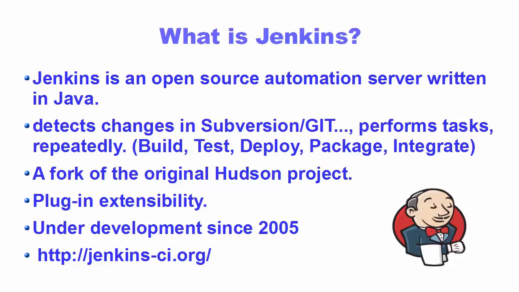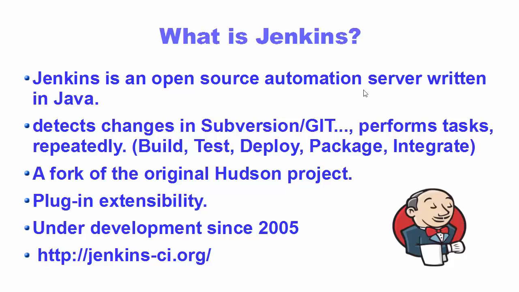Now what does Jenkins do? Jenkins is used to detect the changes, whatever you commit using your version control system, such as Subversion or Git or any other versioning system, and it performs some tasks on your code when it detects some changes in your code.